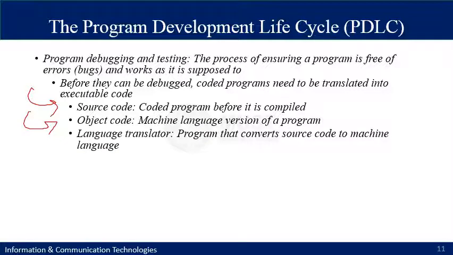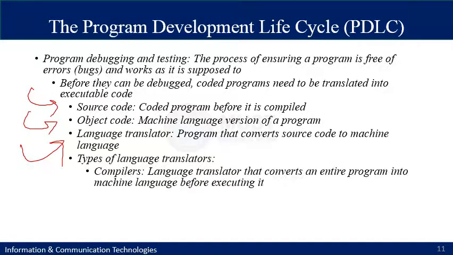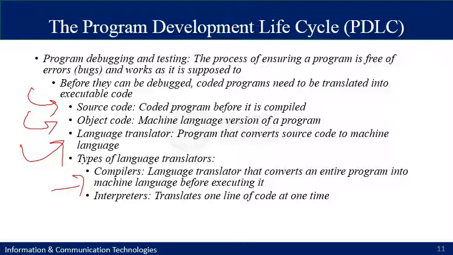So for that purpose, you need language translators, which are also a kind of program that converts the source code to machine language. Typically we have three types of translators. The common one for high-level languages is the compiler, which converts an entire program into machine language before executing it.